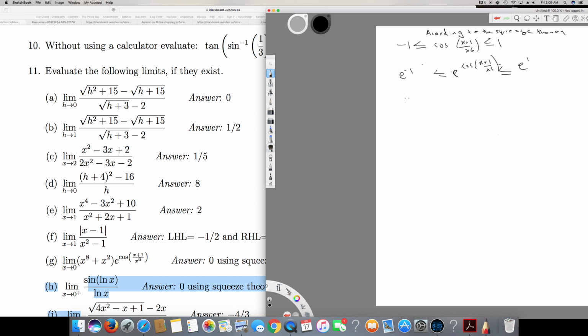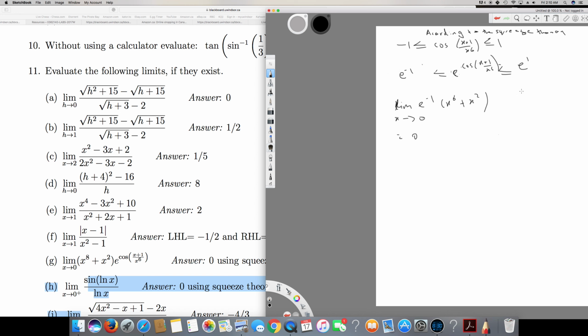And now this is it. So let's check each one. First I check the e to the minus 1 side: limit as x approaches 0 of e to the minus 1 times (x to the 8 plus x squared). If I plug in 0, 0 times e to the minus 1 becomes 0.